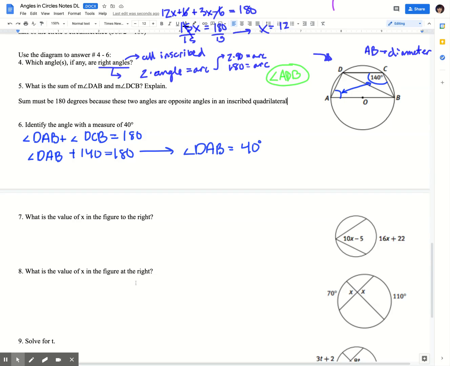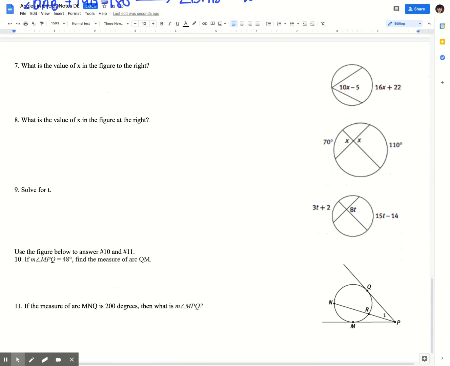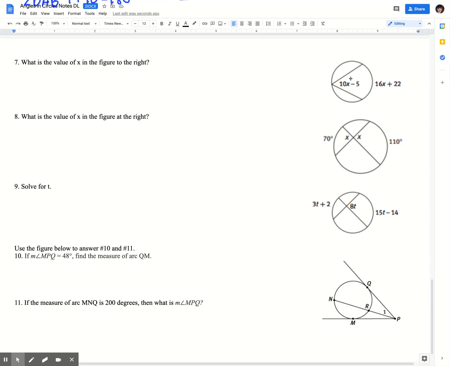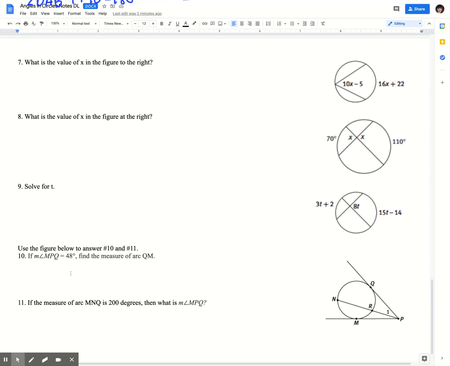So we've got one more, and this one is going to involve a little bit more algebra. It's this last one right here. So I have this figure, and I know that the inscribed angle is 10x minus 5, and the intercepted arc is 16x plus 22. Now, I need to go back to my rule for inscribed angles.